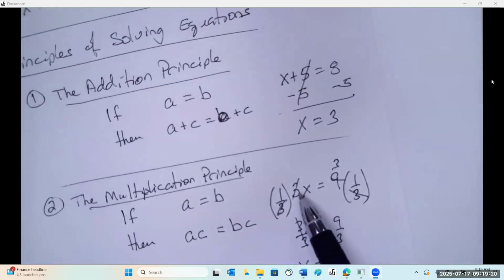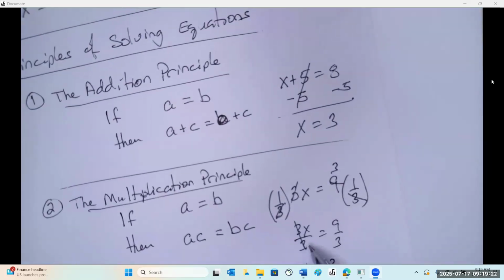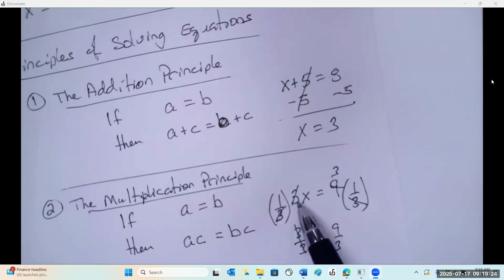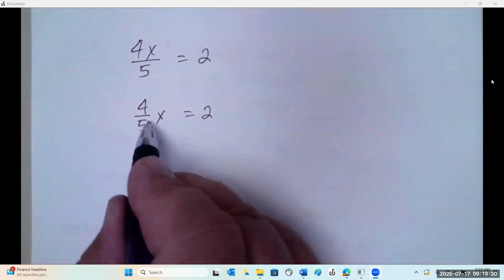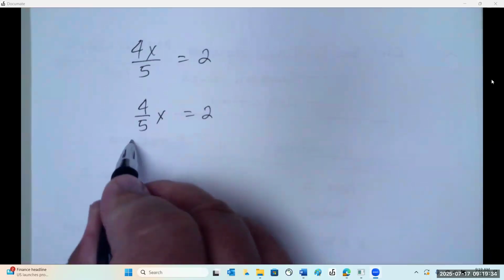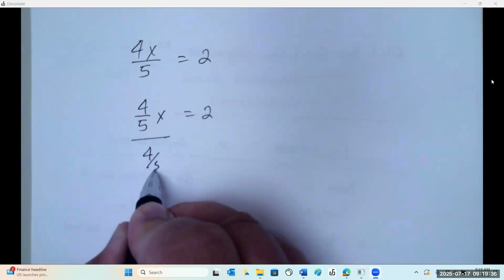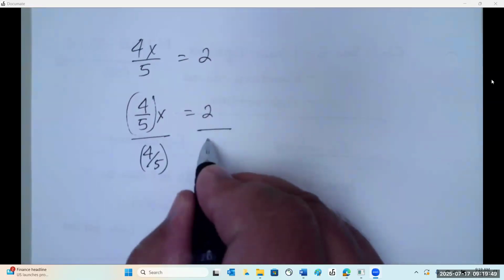Whatever my coefficient of x is, I can divide both sides by it. So what's my coefficient of x? The coefficient means what's in front. 4 is not in front of it. 5 is not. It's 4 over 5. So I do that to both sides.